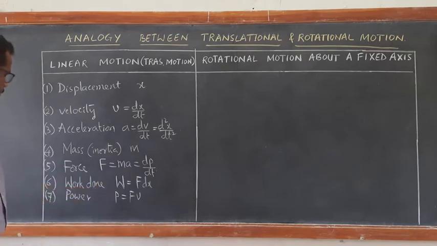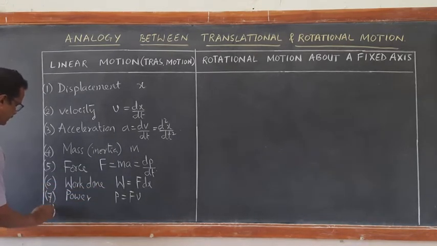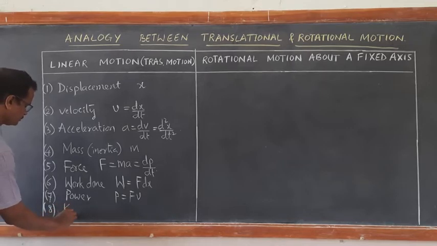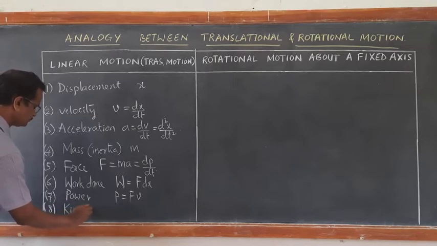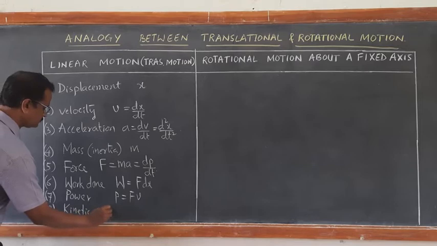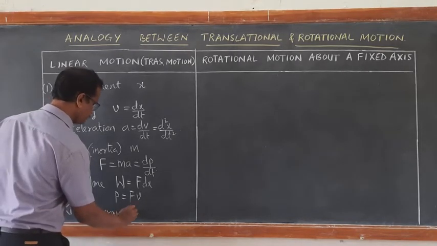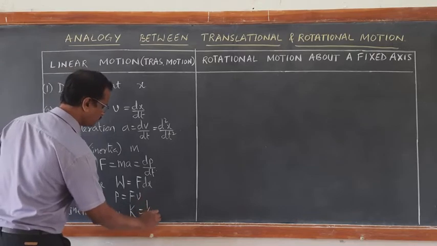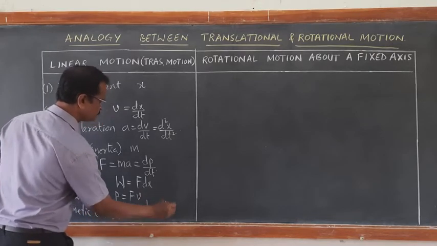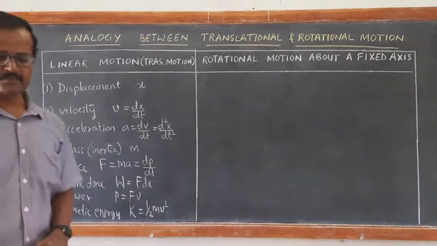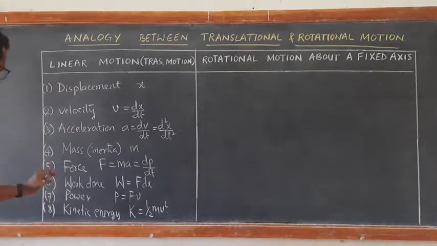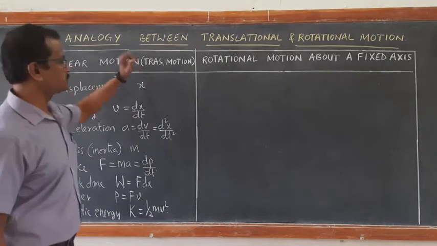All these things we have learned already. Finally we can write kinetic energy. Kinetic energy for linear motion, K is equal to half mv square. So these are all the things that we have learned as part of linear motion or translational motion.